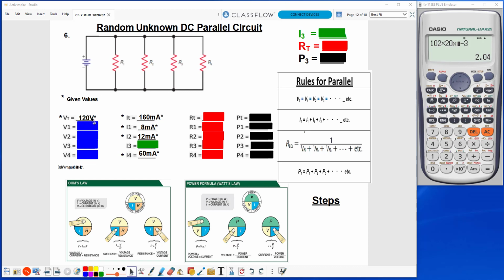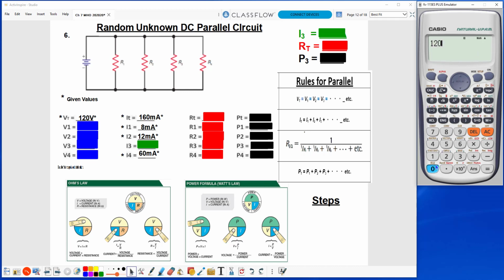Alright, so we were given 120 volts. We were given several currents, but that's it. Right now, I would take 120 volts divided by 160 milliamps, and that would give me a resistance value. Let's go ahead and do that.